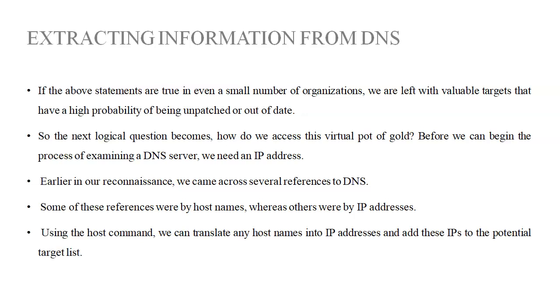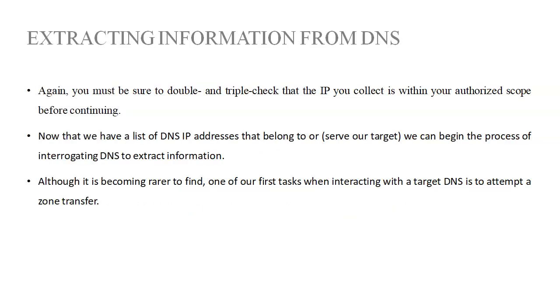Using the host command, we can translate any host names into IP addresses and add these IP addresses to the potential target list. Again, you must be sure to double or triple check that the IPs you collect are within your authorized scope before continuing.